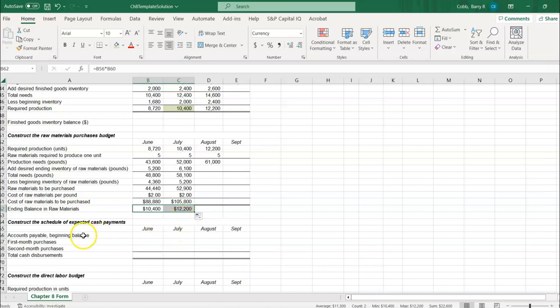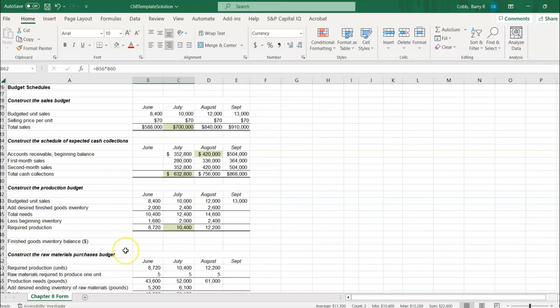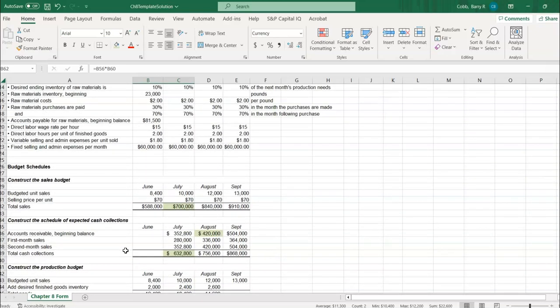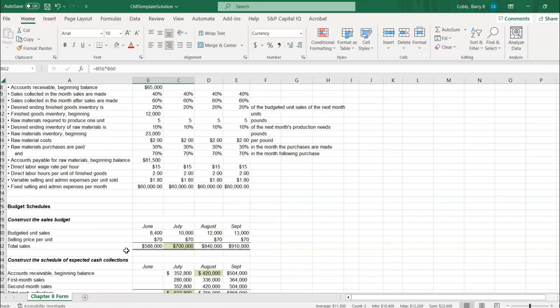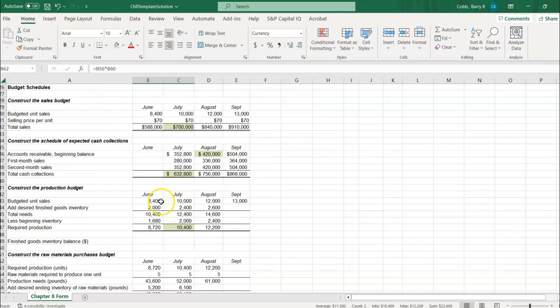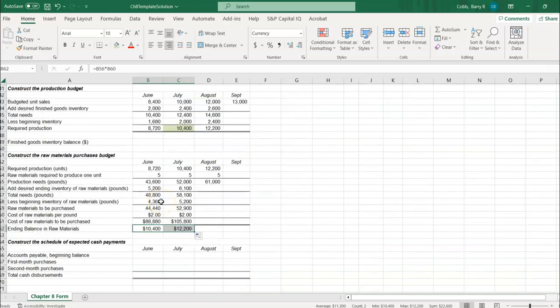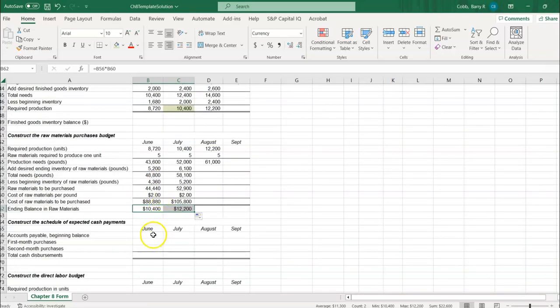Okay, so now we'll prepare our constructed expected cash payment schedule. And so what we'll see here is that for July, of the amount we purchase in July, we pay 30% in the current month and 70% in the following month. So for July, our purchases, of course, are on this line.